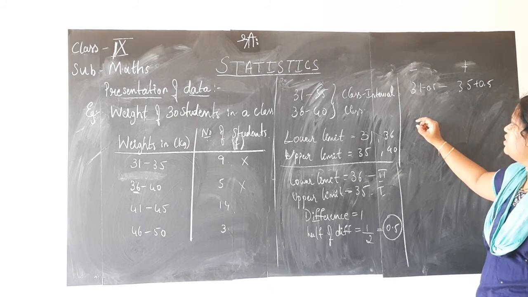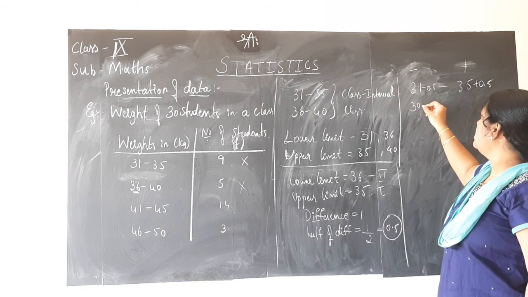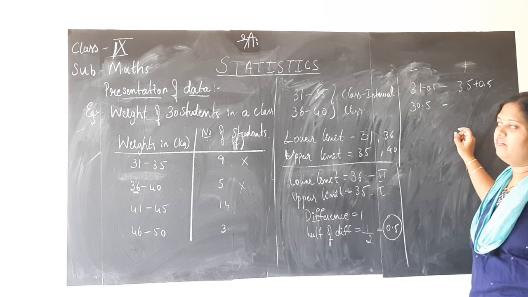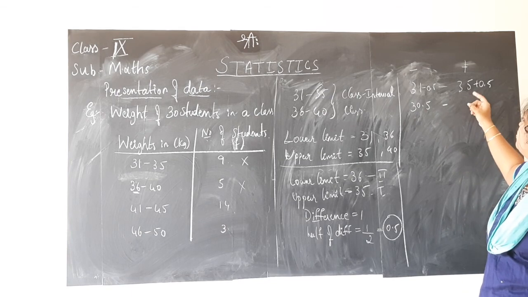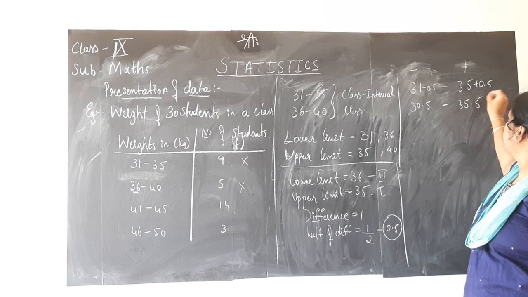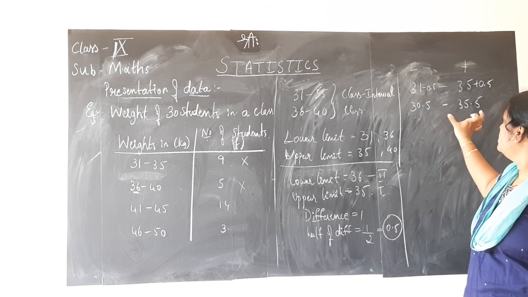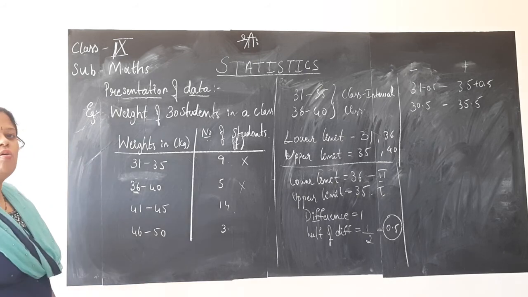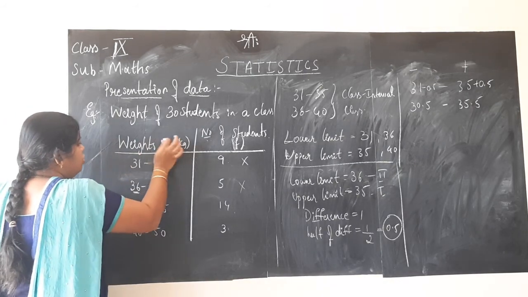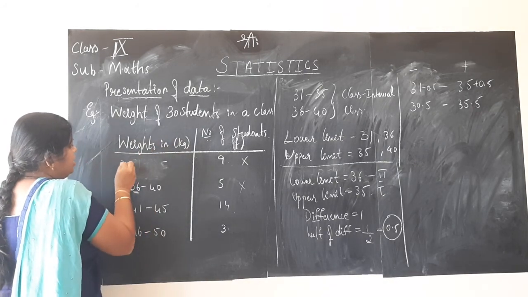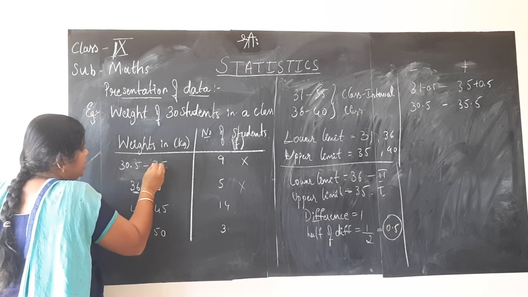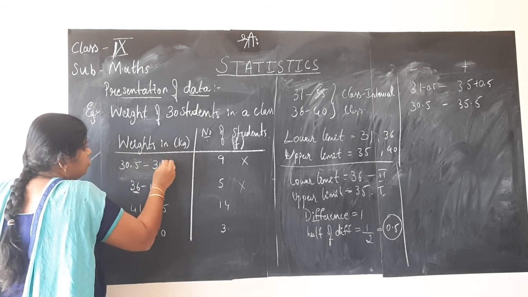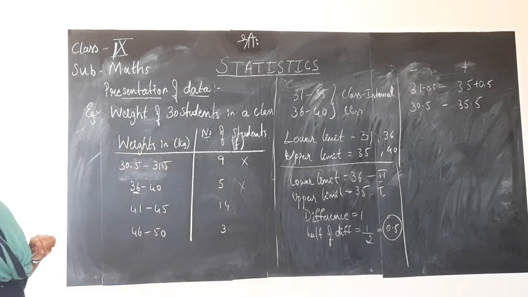When you do 31 minus 0.5, it gives you 30.5. When you add 0.5 to 35, it will give you 35.5. This new class interval you got should replace the old class interval, children. So what will happen here? 31 to 35 becomes 30.5 to 35.5.